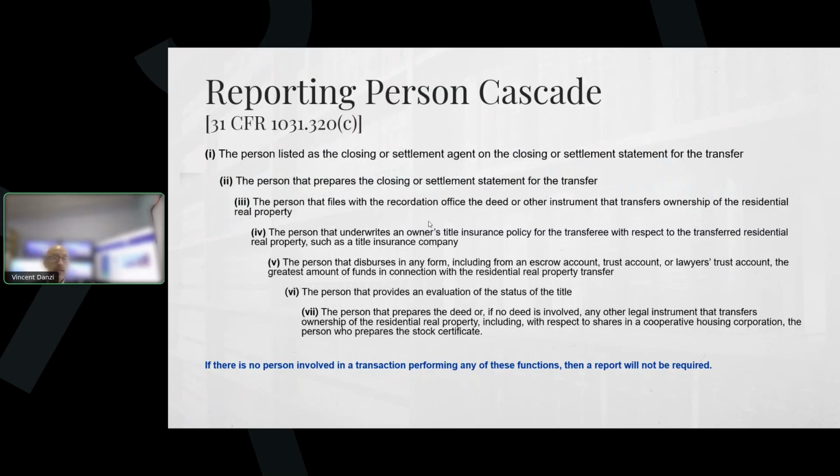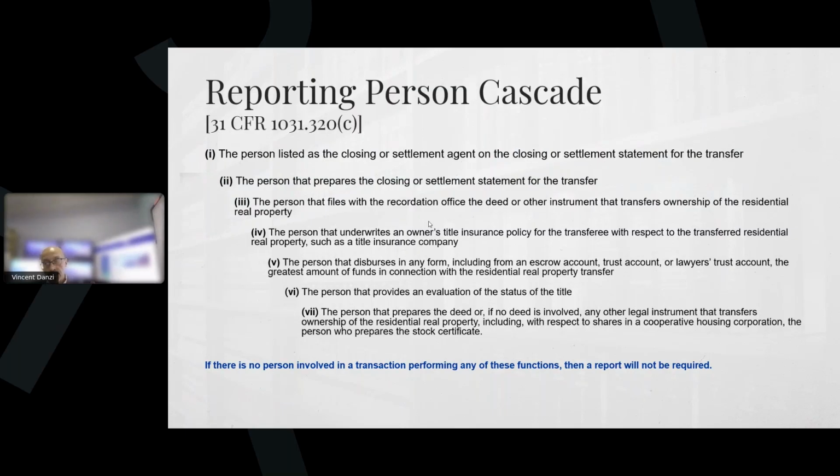You might ask, when are you ever going to have a situation where you're issuing an owner's policy, but you're not recording the instrument? I really don't know. That's a question better posed to FinCEN. I haven't gotten a good answer to that, but suffice it to say that title agents are generally going to find themselves either at position 3 or 4.